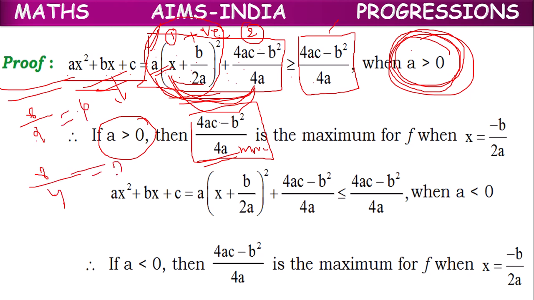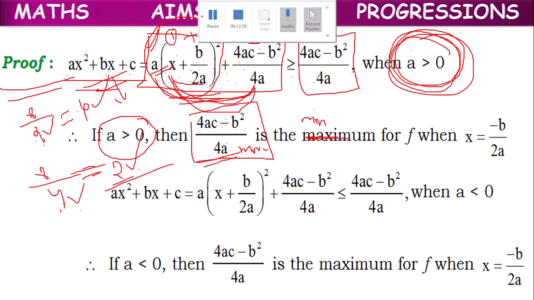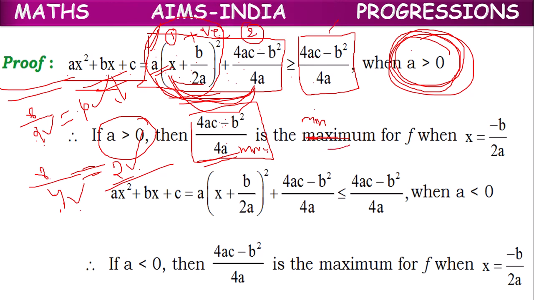What is the 8 by 4 value? 2. We are dividing with a smaller number, the value is 4. Dividing with a bigger number, the value is less. So in a fraction, when the numerator is divided by a bigger number, the value will be minimum. It's not maximum, children. The value will be minimum because we are dividing with the bigger number.